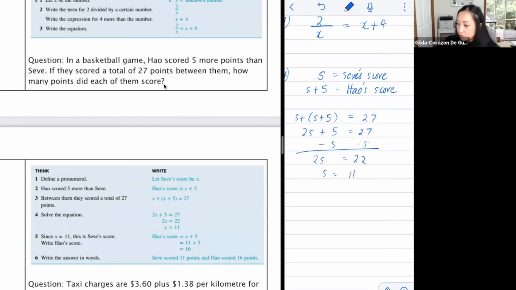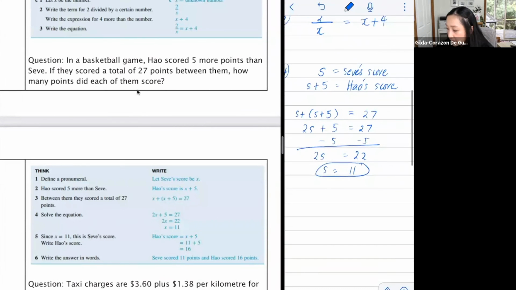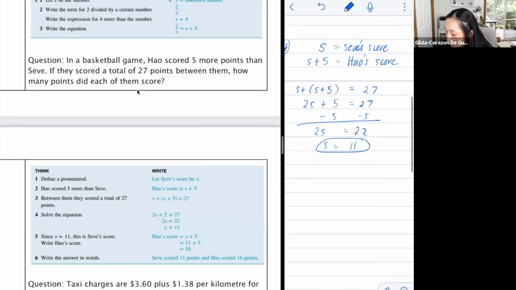So now you know that it's Steve's score that you've gotten, right? And if you're asked how many points did each of them score, you can say that Steve scored 11, and Howe, what's 11 plus 5?